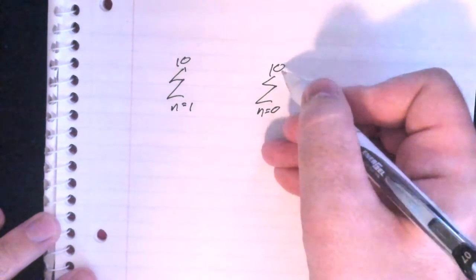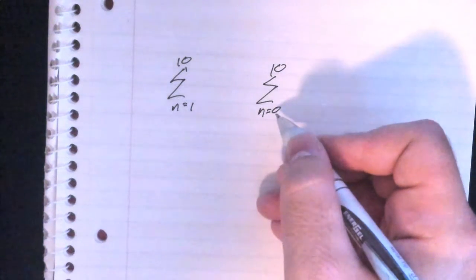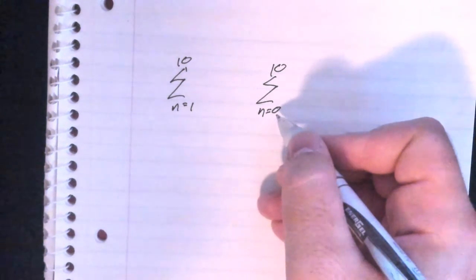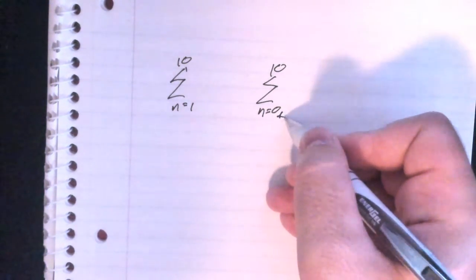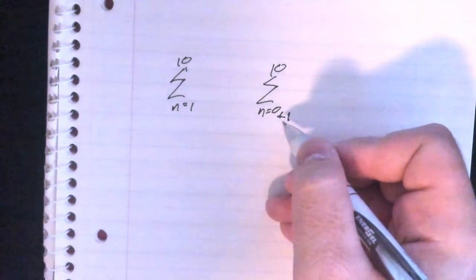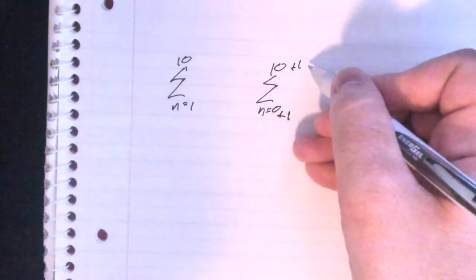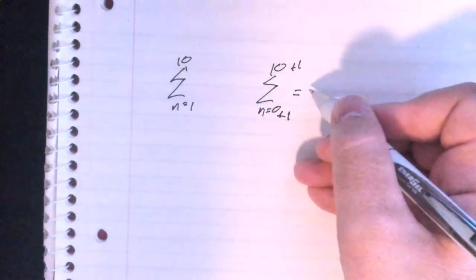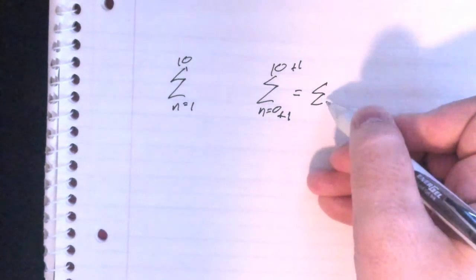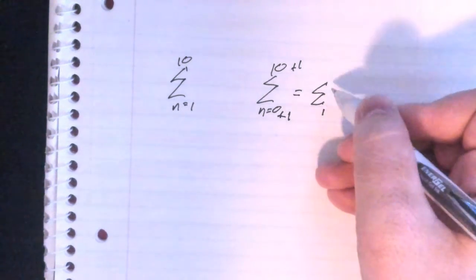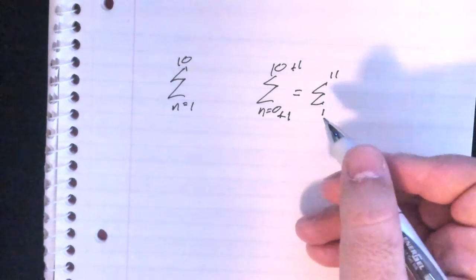So, for instance, if it doesn't say 1, this time it says 0. How do I go from 0 to 1? Simply add 1. But we have to keep it balanced. What you do to the bottom, you do to the top. It's like balancing equations. So now, what you really have is going from 1 to 11.